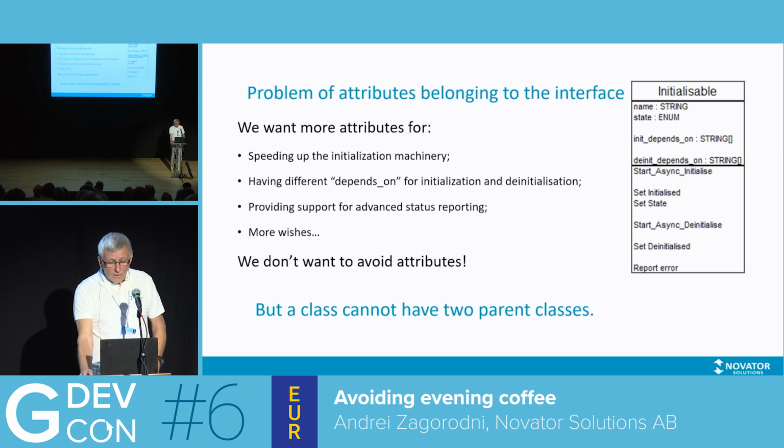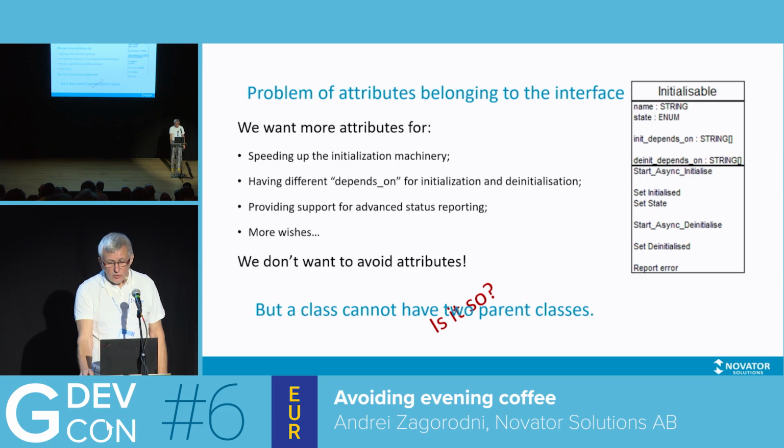So we probably will have even more attributes, not only depends on, but depends on for initialization and depends on for deinitialization. Maybe we want some advanced reporting of the initialization process. But a class cannot have two superclasses.